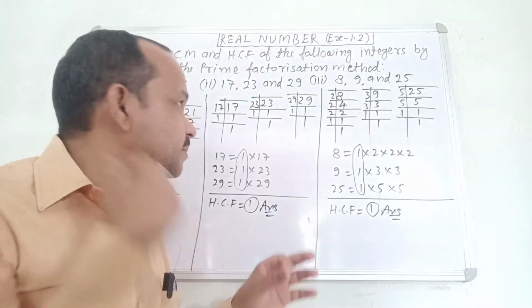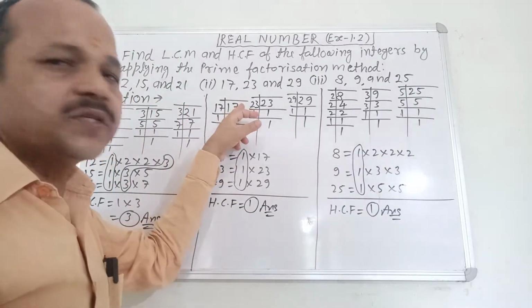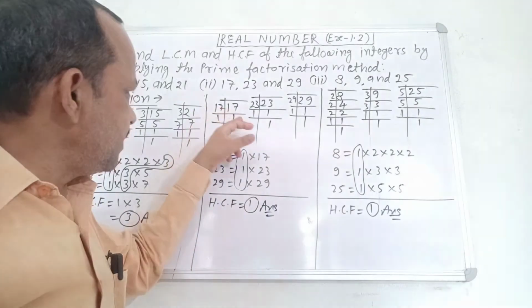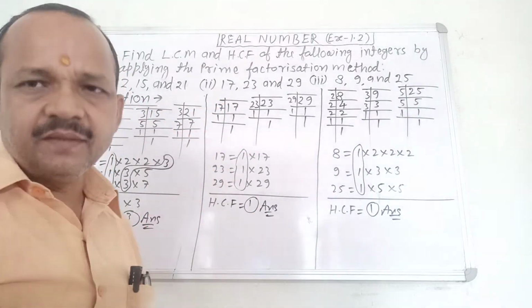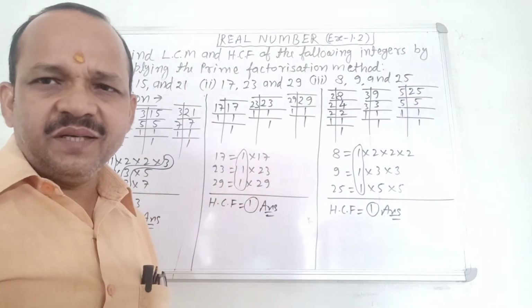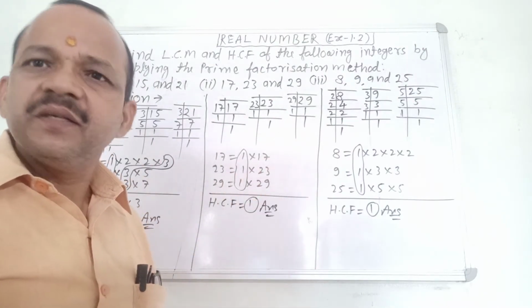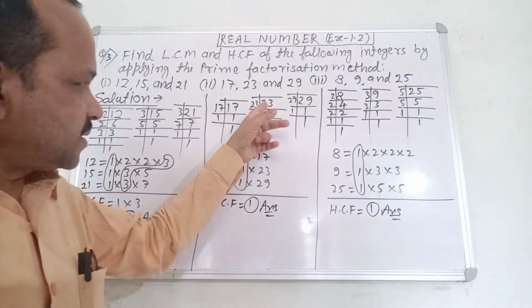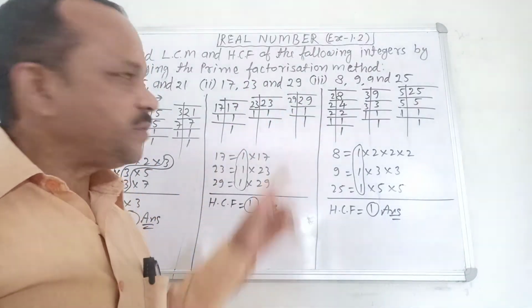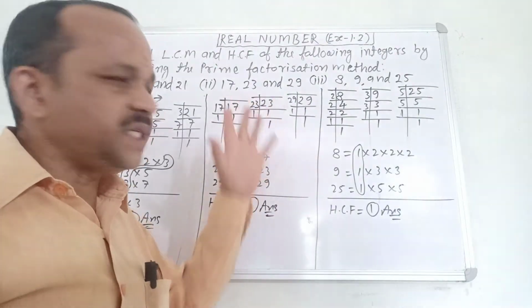See the second question. Here factorize 17. 17 divided by 17, you find 1. 17 is a prime number, so you can divide it only by itself. Next, divide 23 by 23.